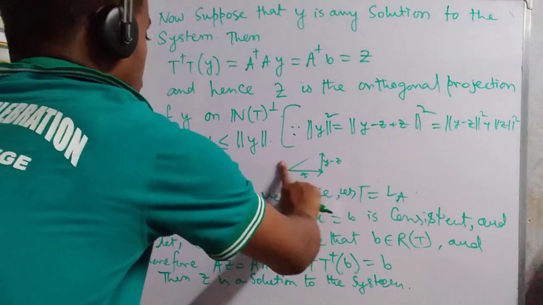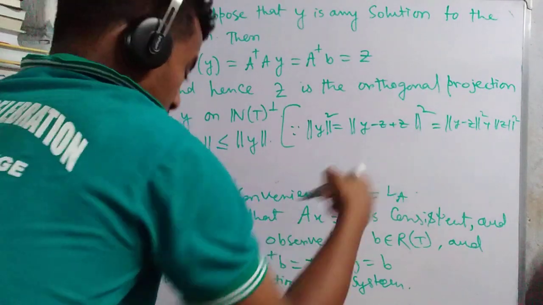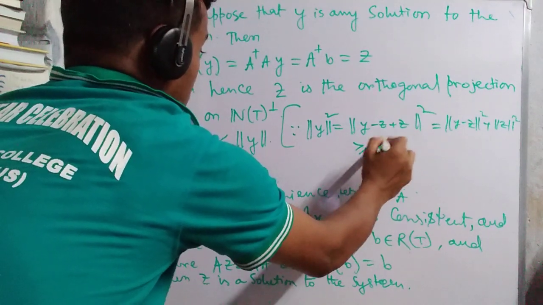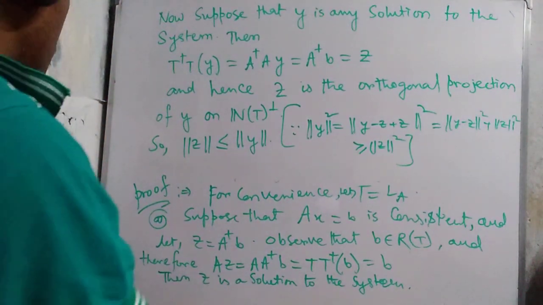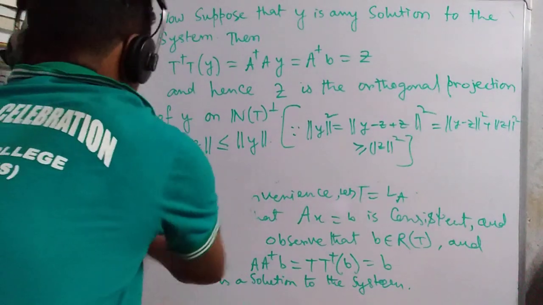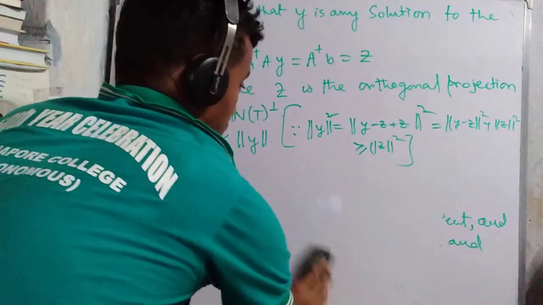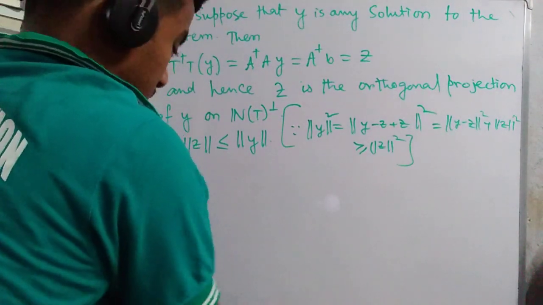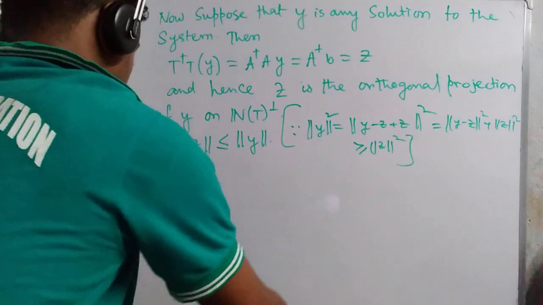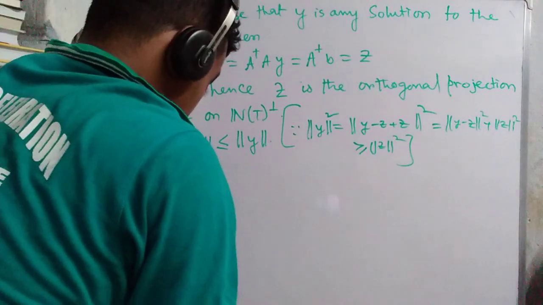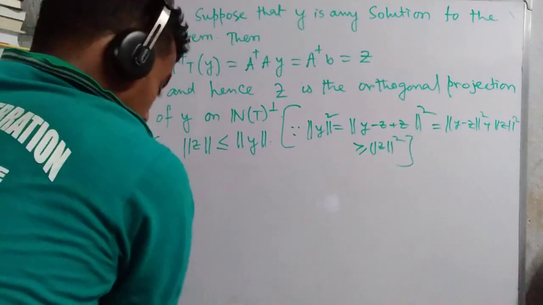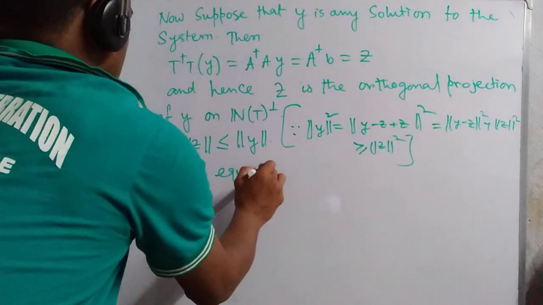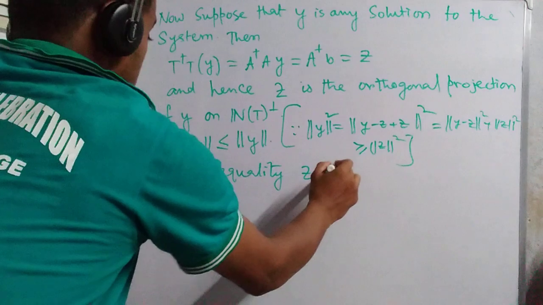So we write it here, this one obviously greater equal to norm of z square. Okay. So we will write it that this one. Understood? Not a problem at all. So we also done this one. This one happened. Okay. And with equality we also know that with equality here z equal to y.